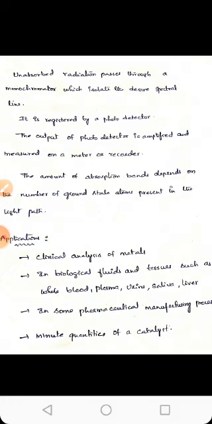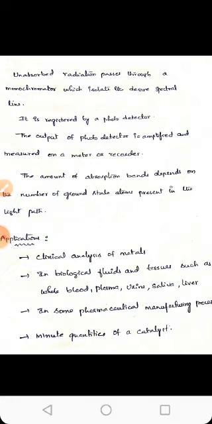Then, coming to the applications of atomic absorption spectroscopy. It has many uses in different areas of chemistry, such as clinical analysis of metals in biological fluids and tissues, such as whole blood, plasma, urine, saliva, brain tissues, liver, hair, muscles, and semen.